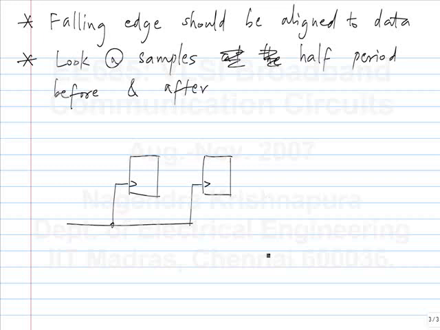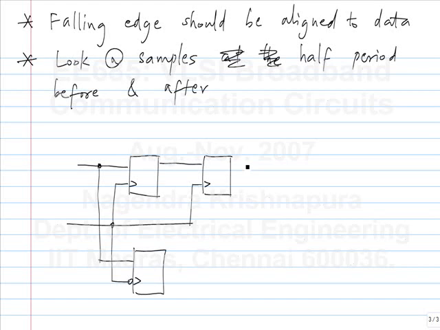These 2 will give you the samples at the rising edge. This will give you the sample at the falling edge. Also, the 2 samples at the rising edge should be 1 period apart. They are not the same thing. So essentially, you pass the delayed data to the second flip-flop.